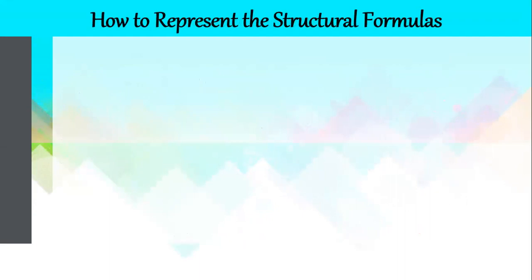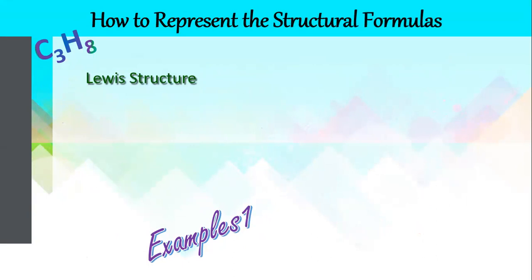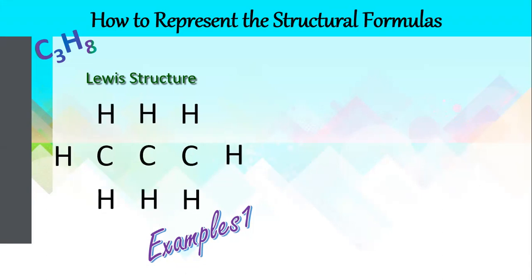Let's start with something simple. For example, a molecule like propane, which is C3H8, we have many ways to represent it. One is the Lewis structure. We discussed this in our lesson on chemical bonding. So you have 3 carbon atoms and 8 hydrogen atoms with 10 single bonds.